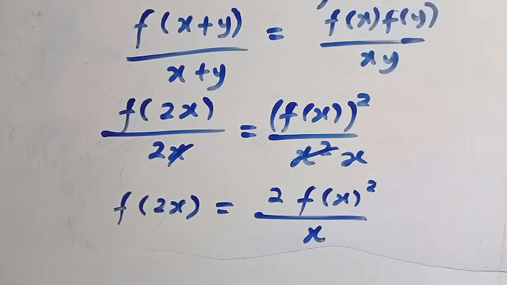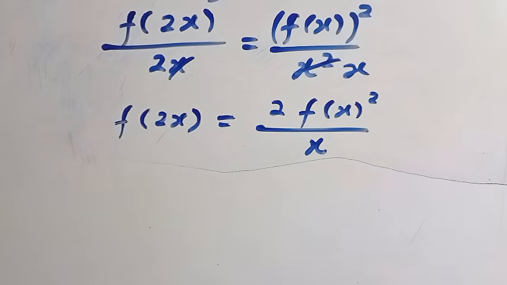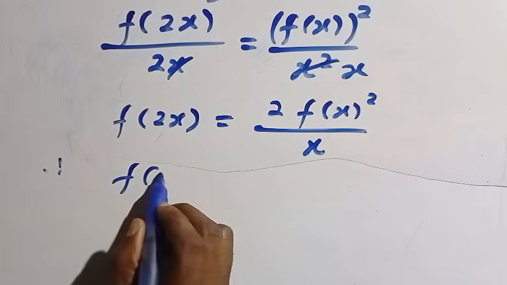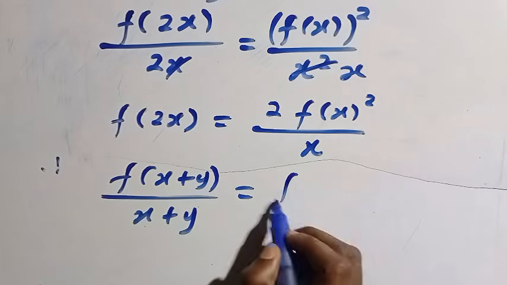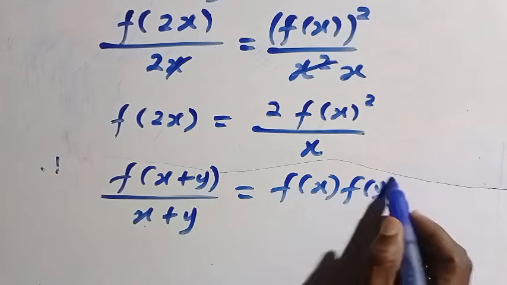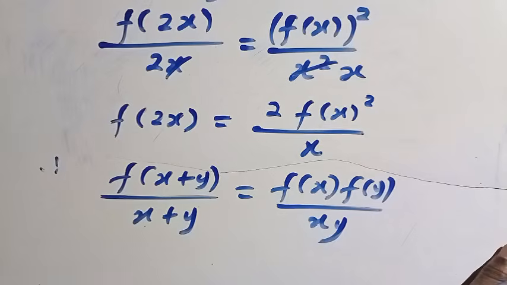So since we cannot get anything from here, we have to proceed to the next thing, as if you consider from the first equation as well, where we let f of (x plus y) divided by (x plus y) equals f of x, f of y divided by xy. This way I'm going to start. It means letting x equals y does not give us the result. But from here now, we can get something.